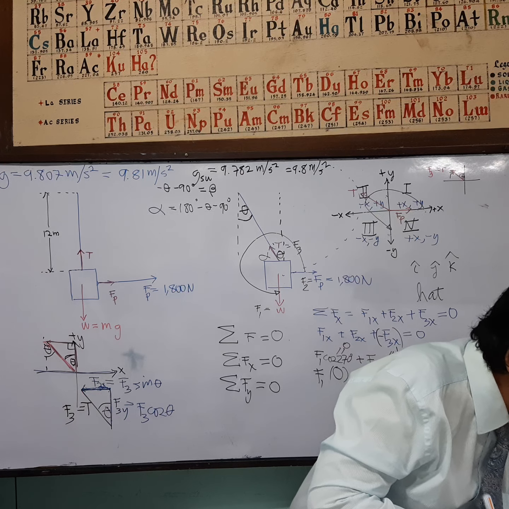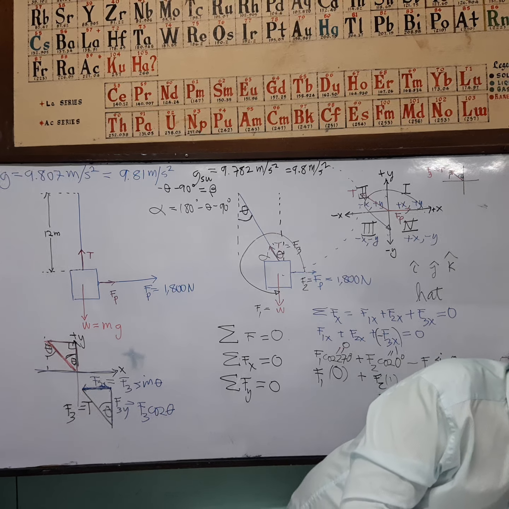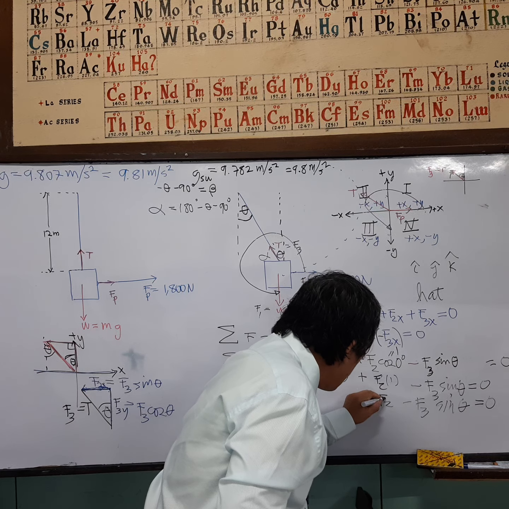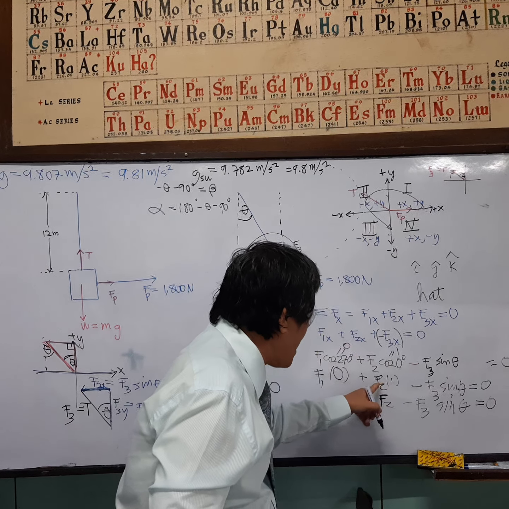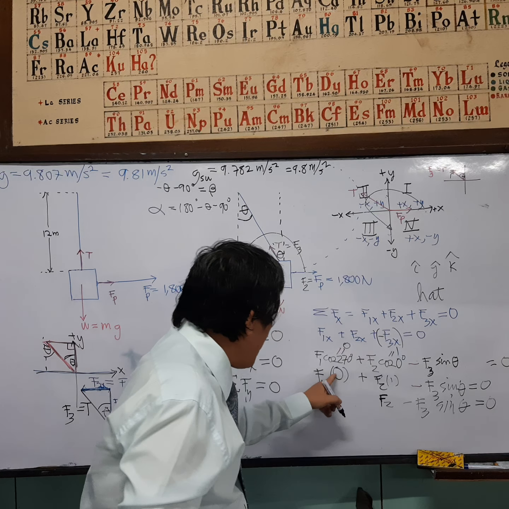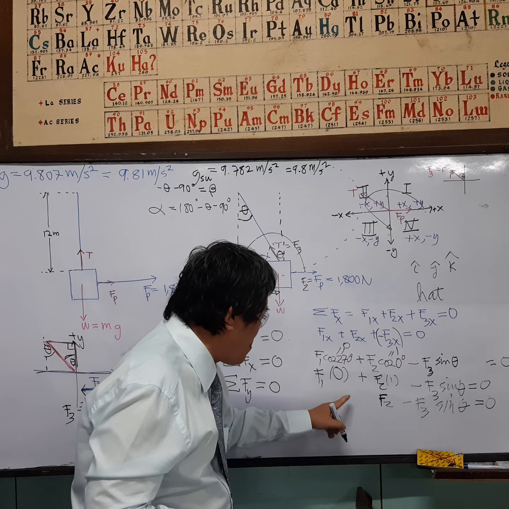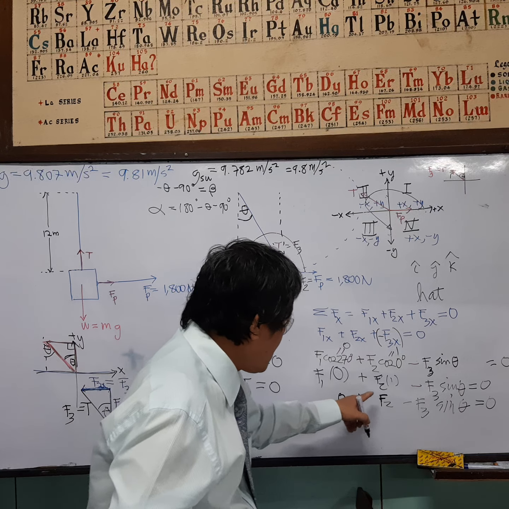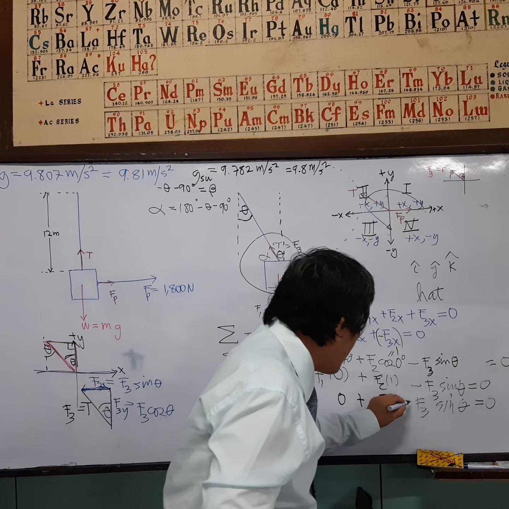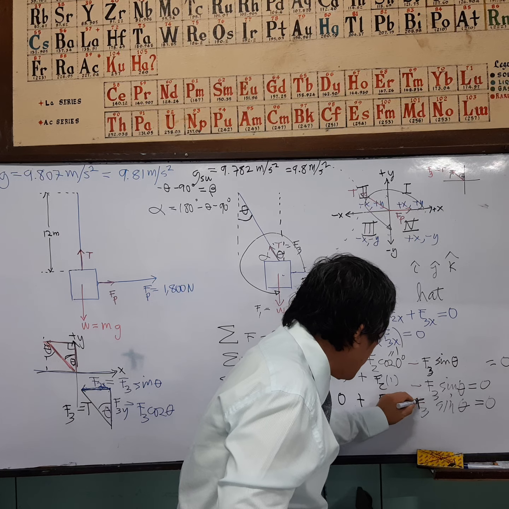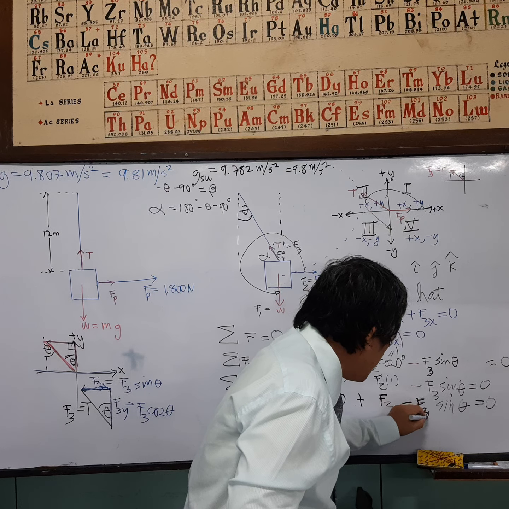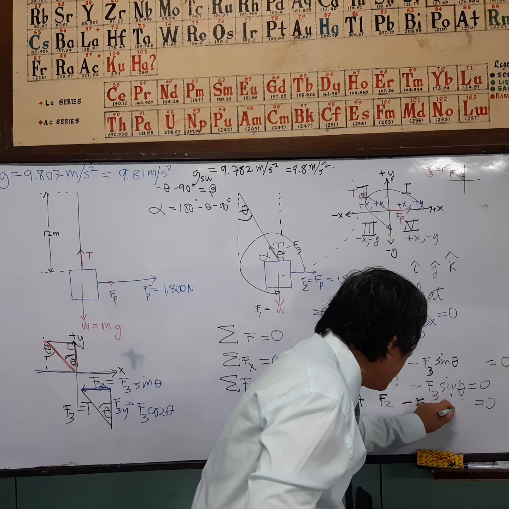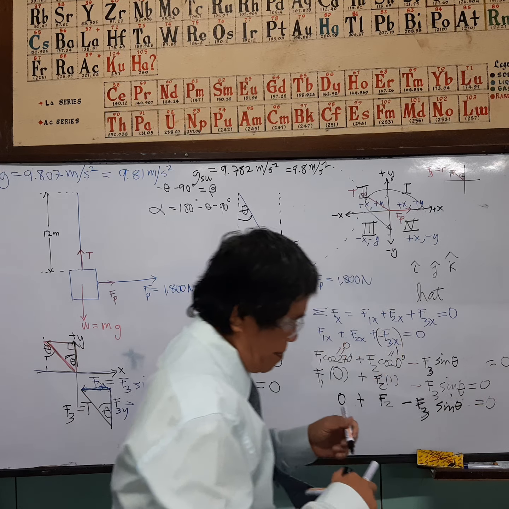F1 times 0 is 0, plus 1 times F2, F2 minus F3 sine theta equals 0.